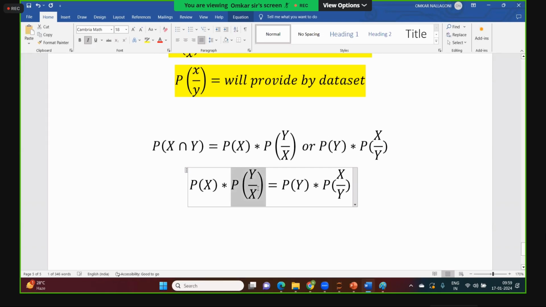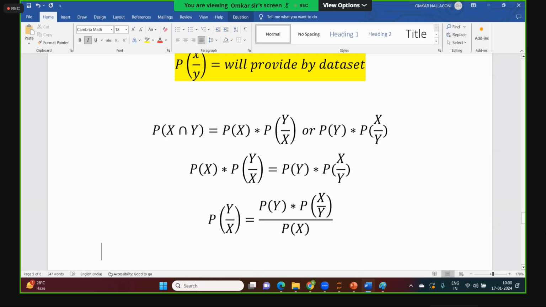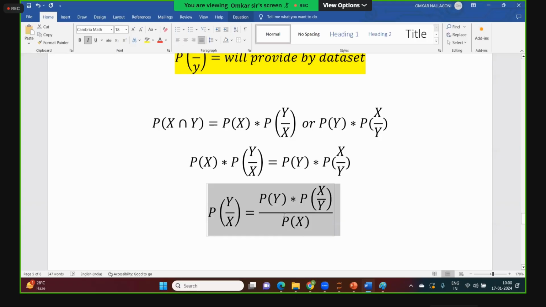Then P of Y by X equals this divided by P of X. So this is the final formula. P of Y by X you required. So the formula is P of Y into P of X by Y divided by P of X, because you require only this.